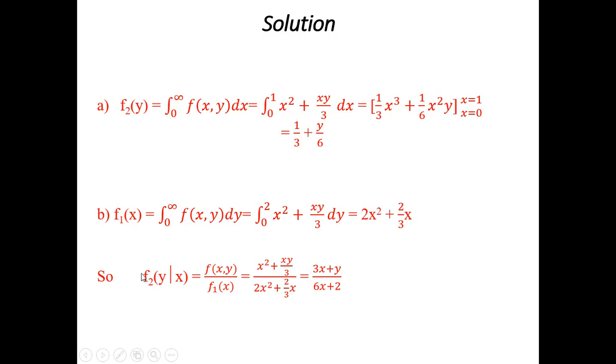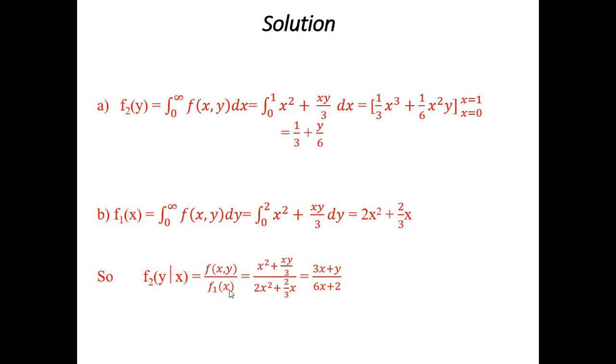Now, for part B, we want to find this conditional. This is sort of the marginal with respect to y given x, or a conditional. It is given by the joint PDF divided by the marginal with respect to x.